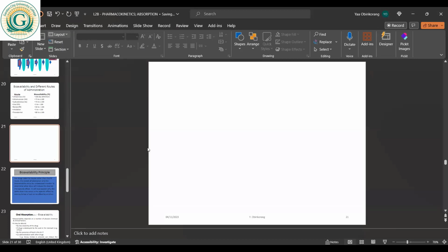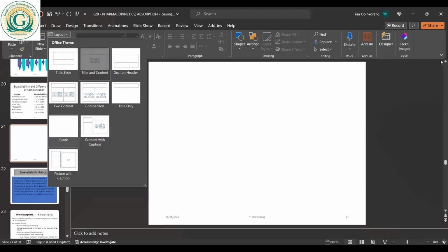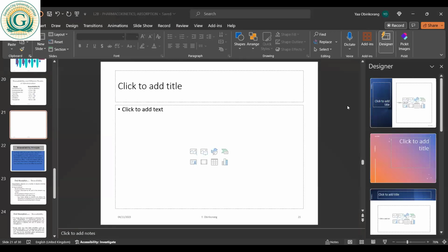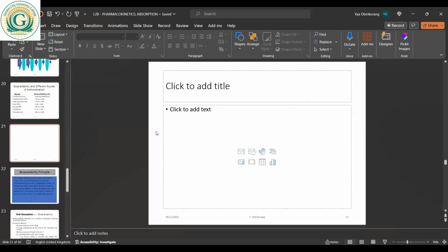We know that the oral bioavailability of acetaminophen is 88%, and we are giving a dose of 1,000 milligrams. I'm asking you to calculate the quantity of drug that will reach systemic circulation.